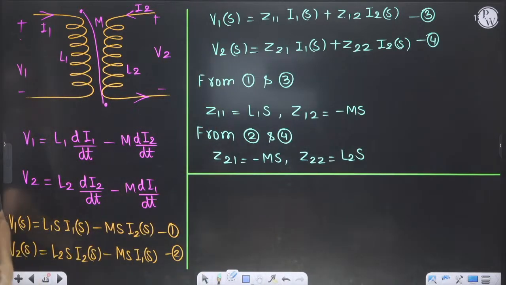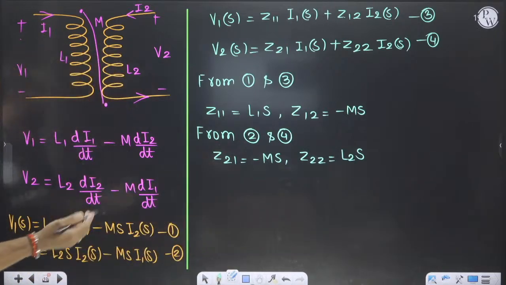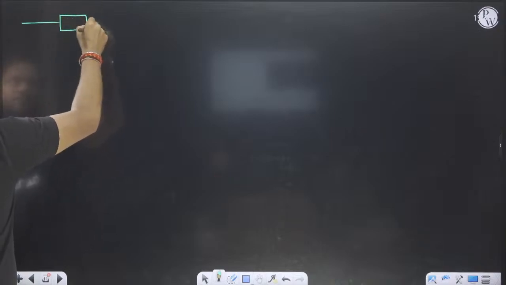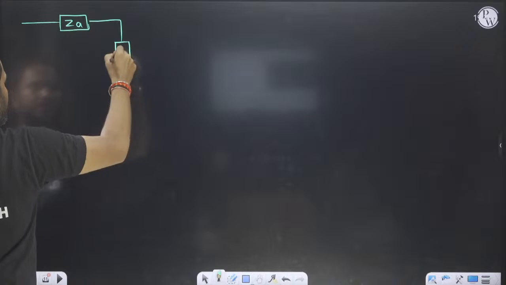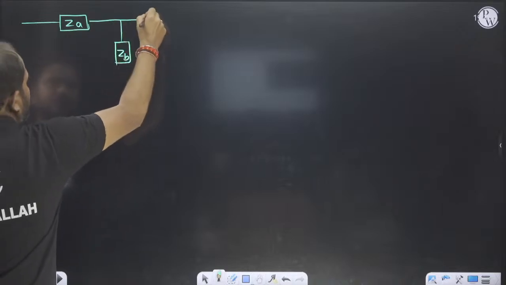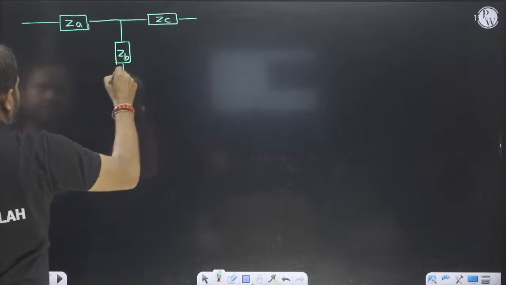I will write in the next page. These are the points which we will use on the next page. So we have a T network: this one is ZA, this one is ZB, and this one is ZC.